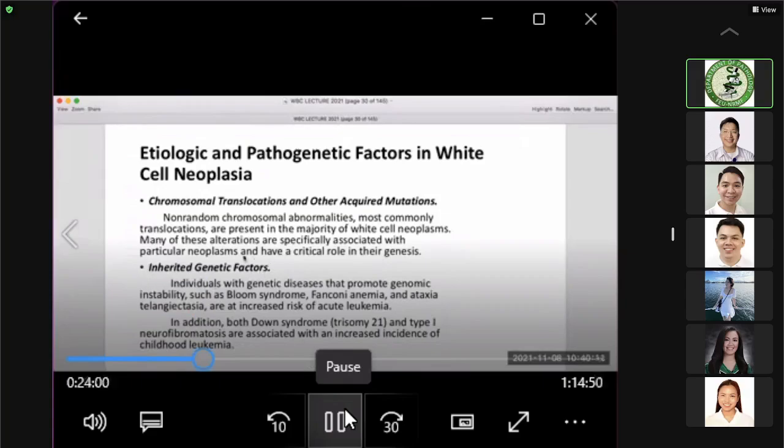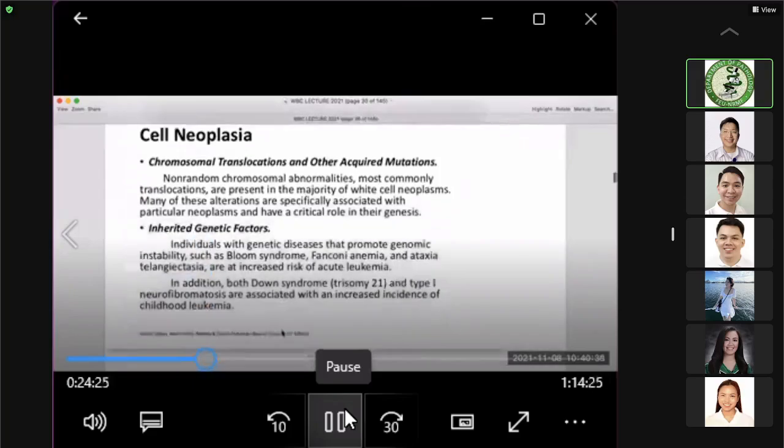Then we have inherited genetic factors that promote genomic instability, like for example, they are at increased risk of developing acute leukemia. Yung mga patients with Down syndrome and type 1 neurofibromatosis, they are found to have increased incidence of childhood leukemia.